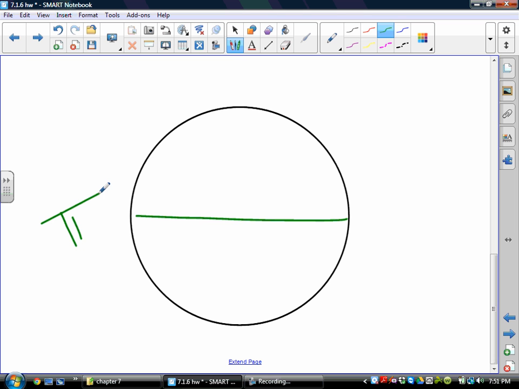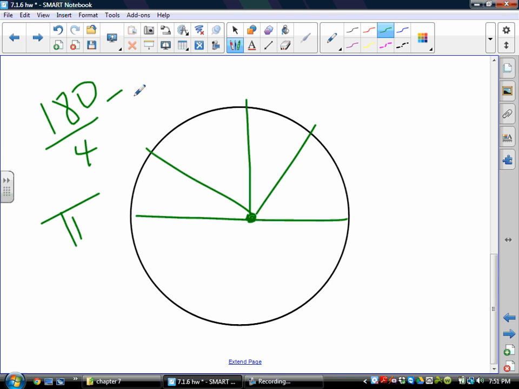Now I'm going to cut the top half into fourths, because cutting 180 into fourths gives me 45 degree angles. So this is worth 45. This will be 45, which will make this 90. This is going to make this 135. And I would be back over here at 180.